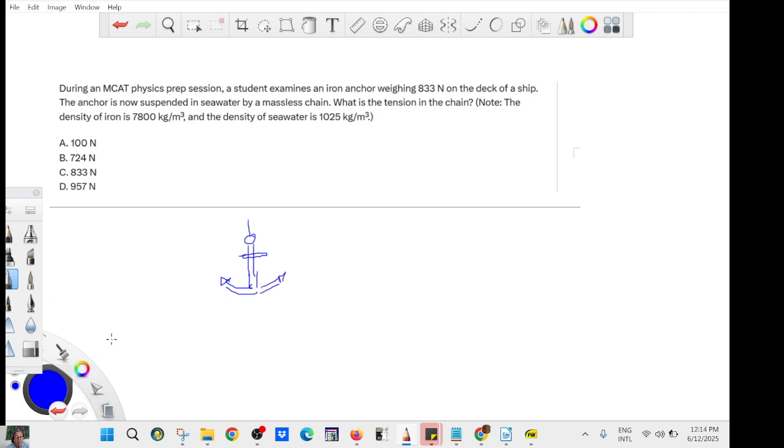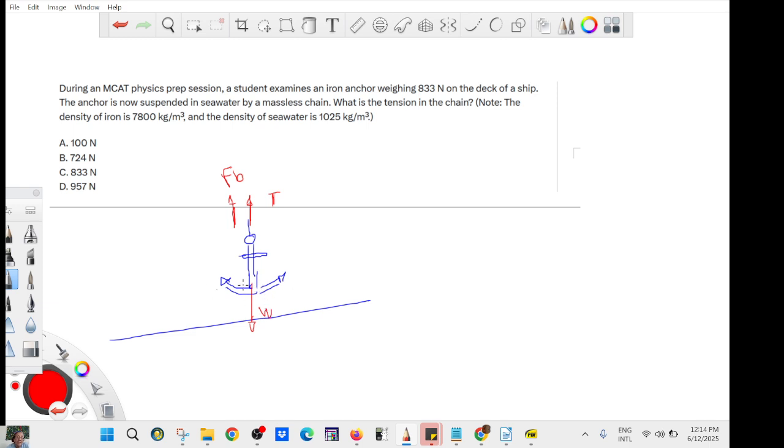So what's going on with that anchor here? You have the tension T. You have the buoyant force pushing up, which is the weight of the water displaced, and you have the weight here.